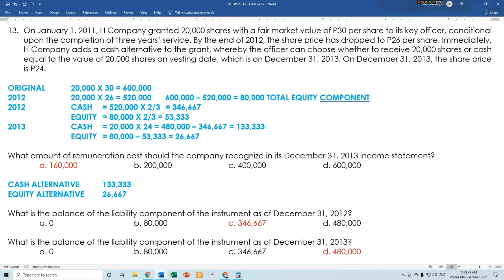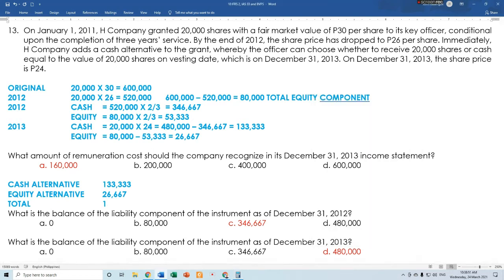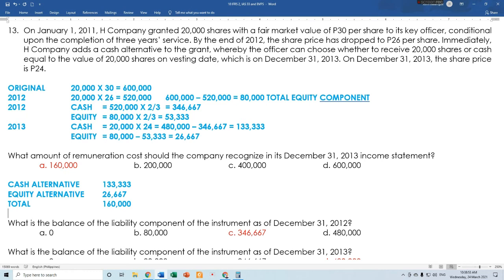So pag pinag-add natin yan, 133,333 plus 26,667, that's 160,000. So yun ang sagot dyan.